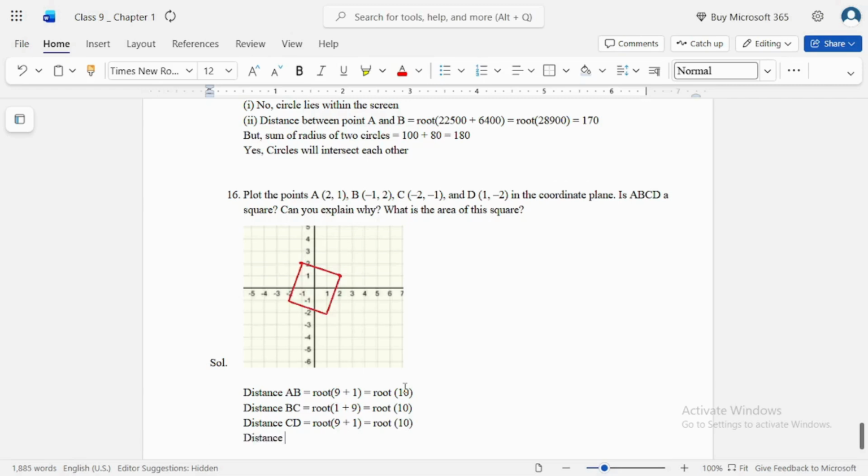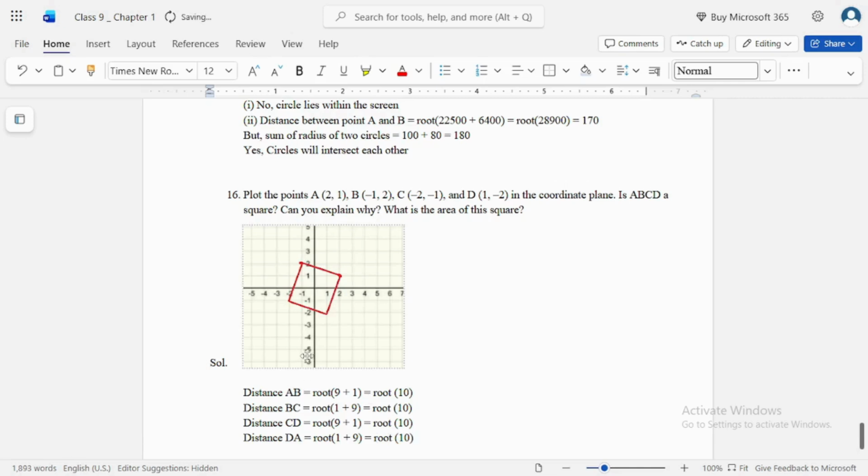What is remaining? DA. Let's see DA: 1 minus 2 is minus 1, and square is 1, plus minus 2 minus 1 is minus 3, and square is 9. So this is also root 10.